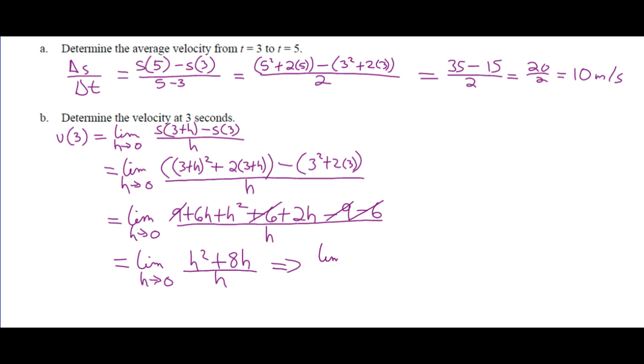Come across here. So we can factor an h out of the top. And then we can cancel our h's. And now we can put in h is 0, right? And we get the instantaneous velocity, which will be 8 meters per second.